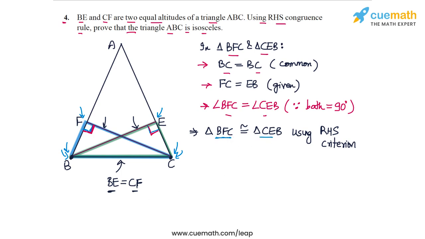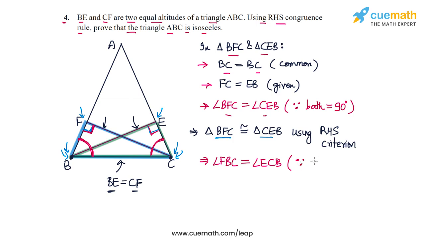Now because these two triangles are congruent, we can claim that the angle formed at B in the first triangle, which is angle FBC, must be equal to the angle formed at C in the second triangle, which is angle ECB. So angle FBC must be equal to angle ECB. And why?